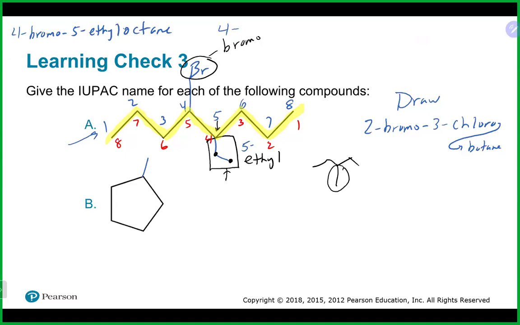As long as you go alphabetical and numbered from the lowest order, it is okay in some cases that that group ends up with a higher number than the next one. So that does sometimes occur. It's possible you could have something like a 5 bromo, 2 ethyl, and as long as the numbering was done correctly, that's possible as well.